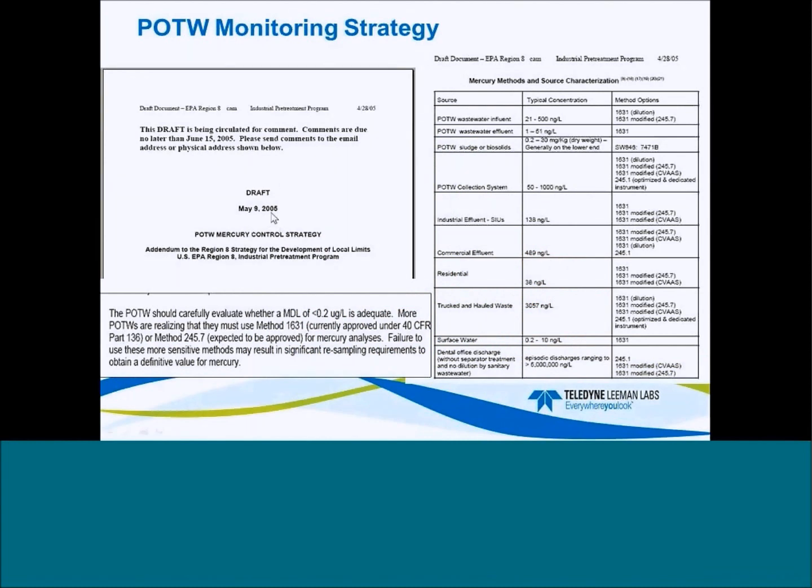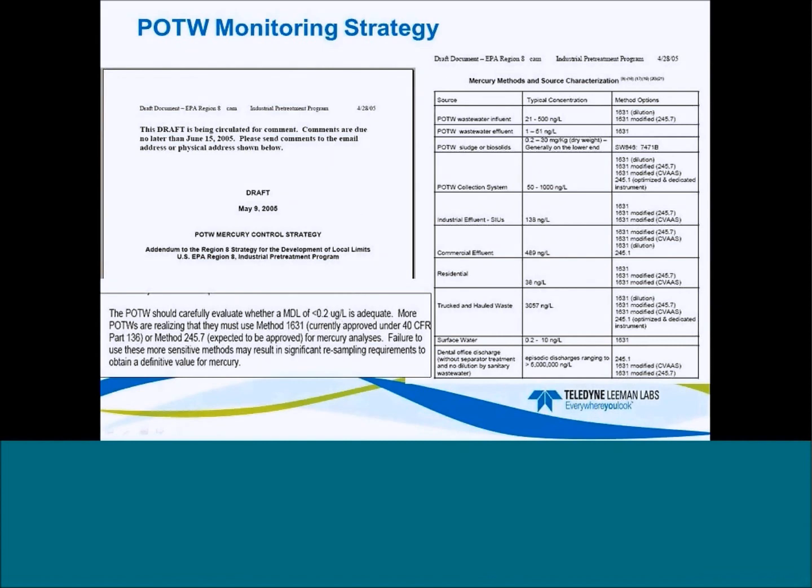In 2005, there was a draft introduced, a strategy for controlling mercury, and in the draft they basically stated that below 0.2 micrograms per liter, the analyst needs to make sure that the method is satisfactory, and in fact they have ruled that you do need one of the fluorescence techniques to satisfy the limits below 0.2.